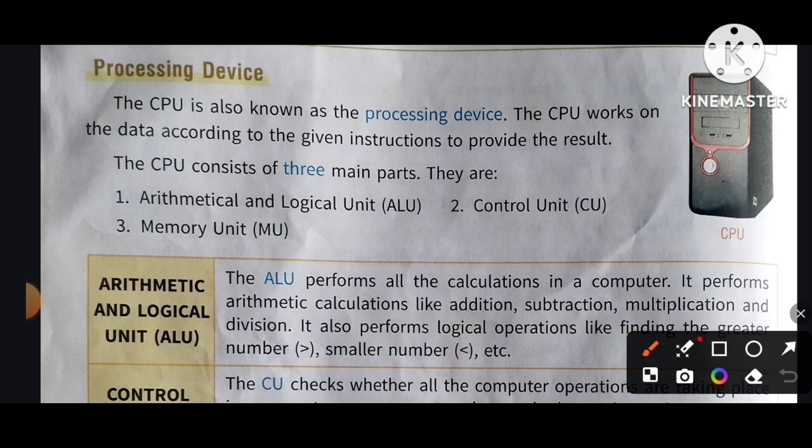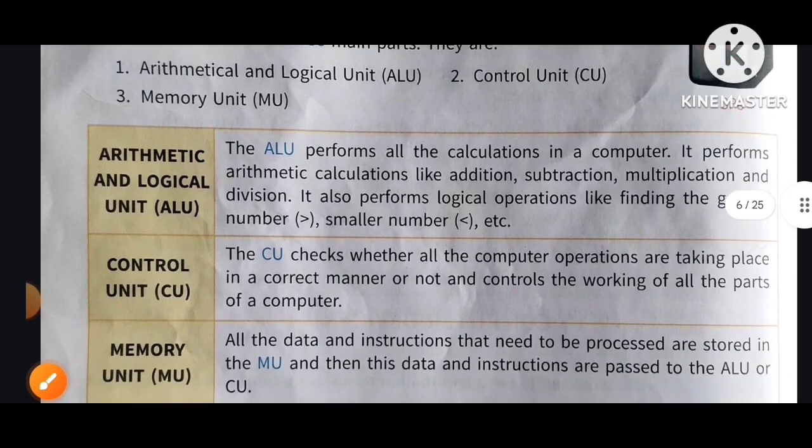So ALU, CU and MU, these three are the main parts of the CPU. So what is ALU?